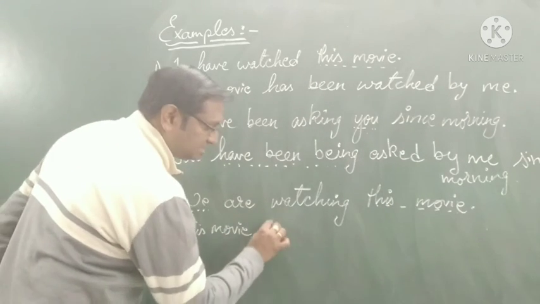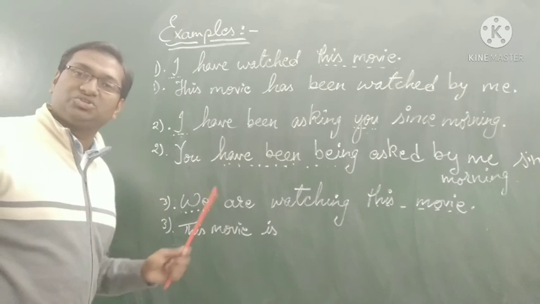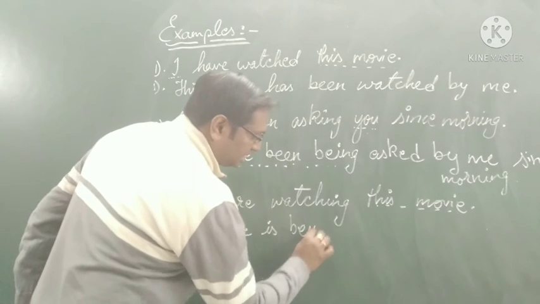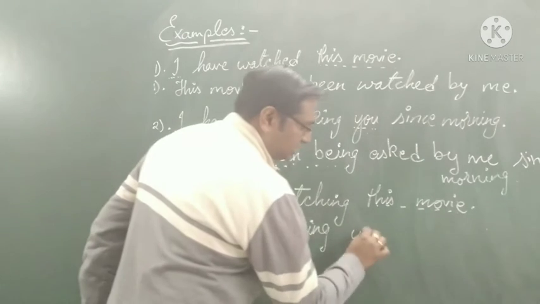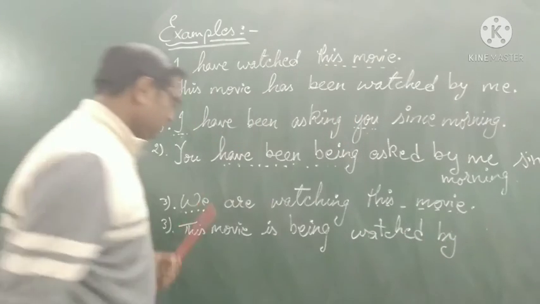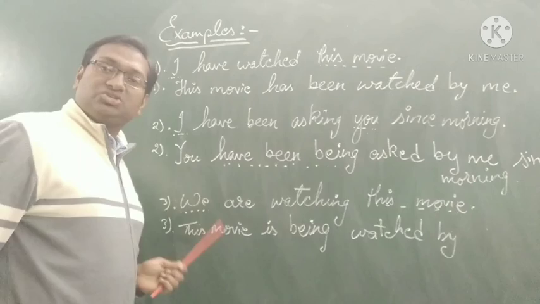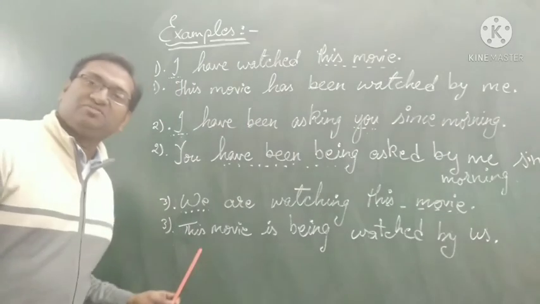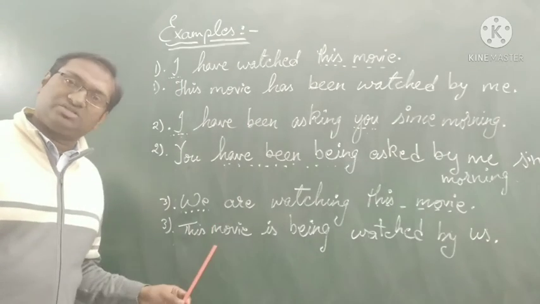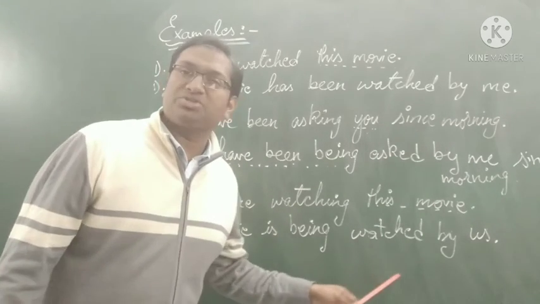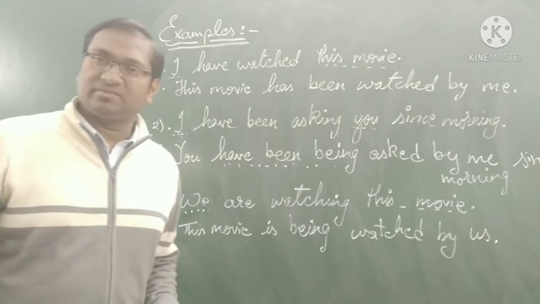Now movie again, it's singular. So we are going to use is, not are. So this movie is being, watching will change into third form, watched by, we changes into us. So the passive voice of present continuous is this movie is being watched by us.